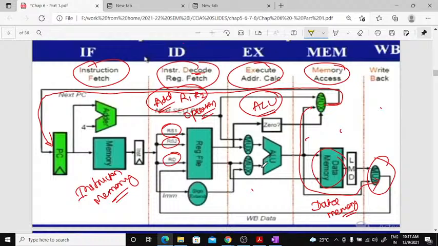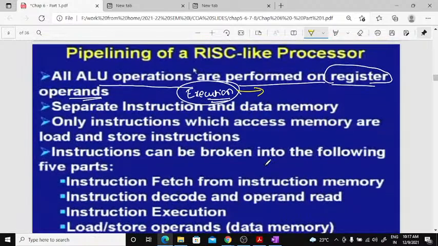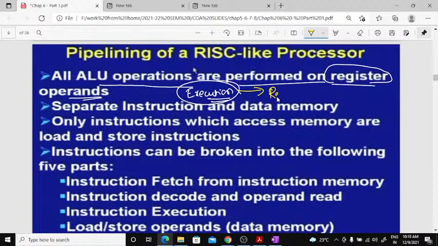So ALU operations mean addition, subtraction, right shift, left shift, some arithmetic operations that are performed on the register operands. Register operands may be source operand, destination operand, and so on.